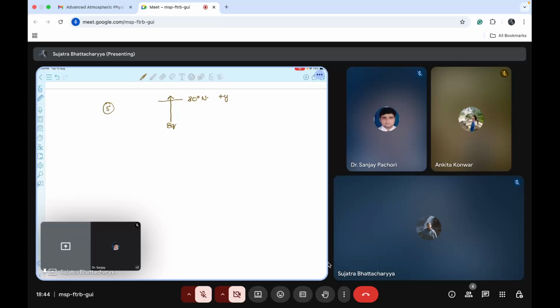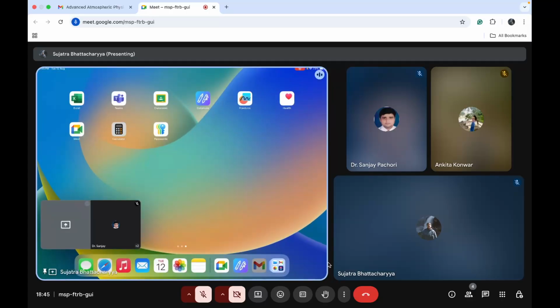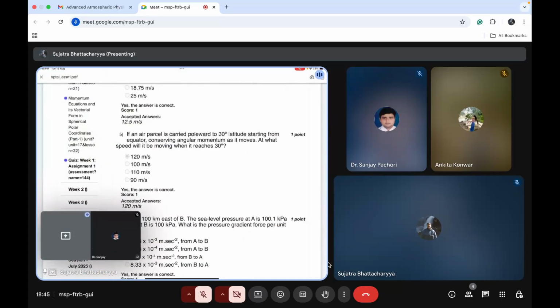Now they're asking what will be the velocity at 30 degrees north? When you are talking about angular momentum conservation, let's go to the question once again: conserving the angular momentum as it moves, at what speed will it be moving when it reaches 30 degrees?